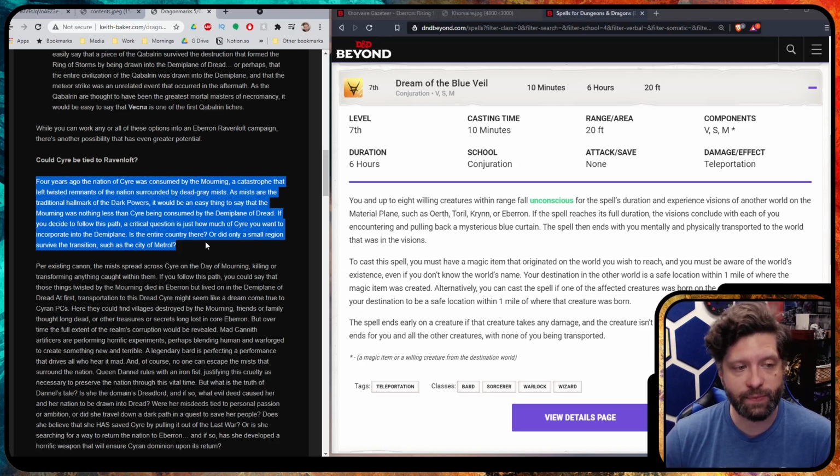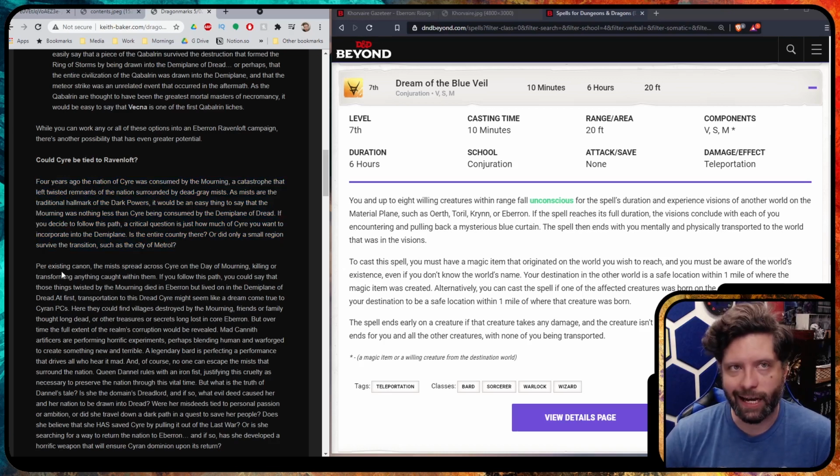If you decide to follow this path, a critical question is just how much of Cyre you want to incorporate into the demiplane. Is the entire country there, or did only a small region survive the transition, such as the city of Metrel? So I like this idea a lot, that perhaps the Day of Mourning was actually some scientist within Cyre who figured out a way to manipulate the dark powers or use them in some way.